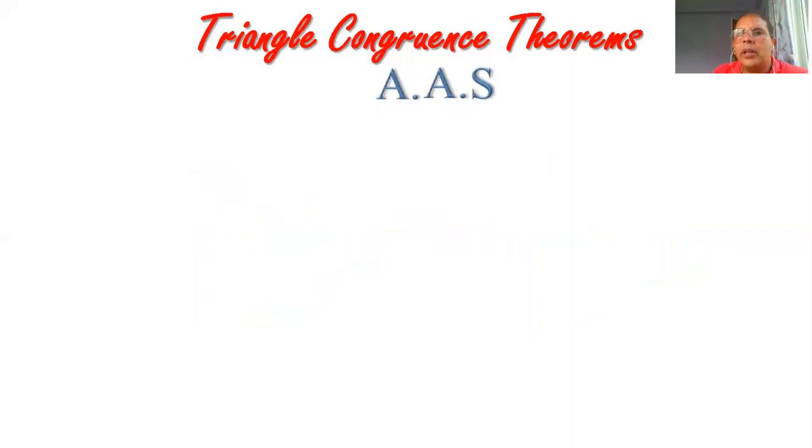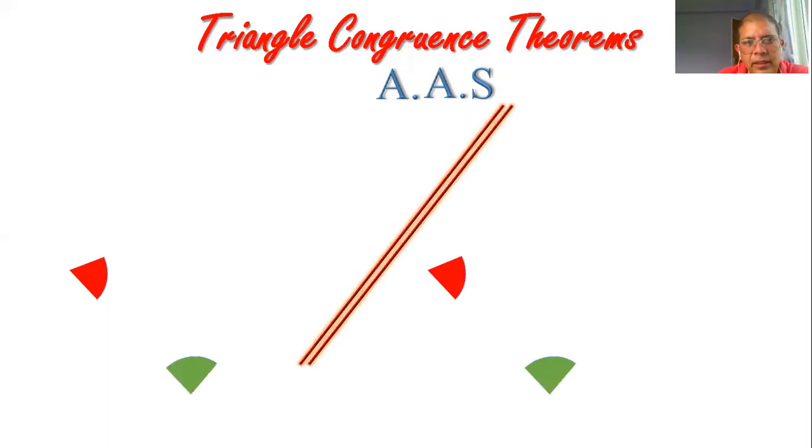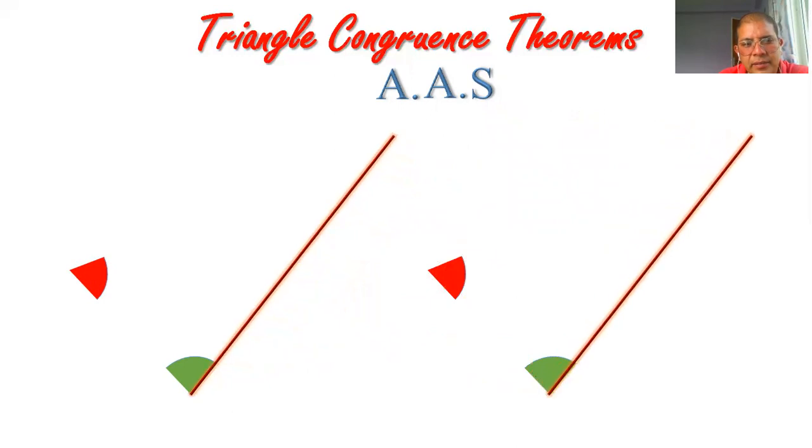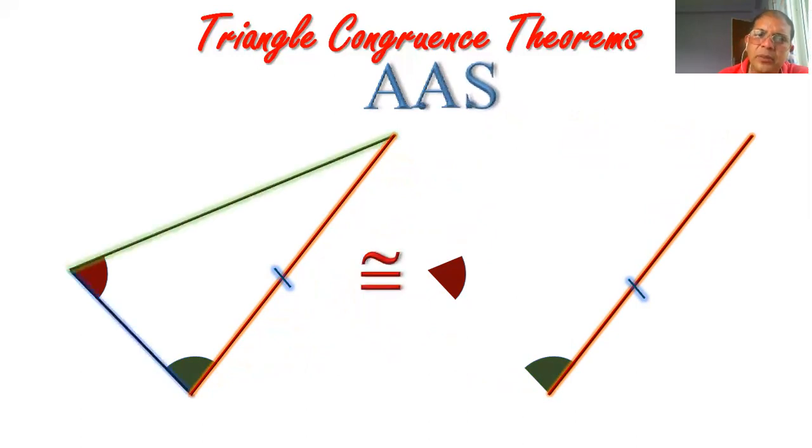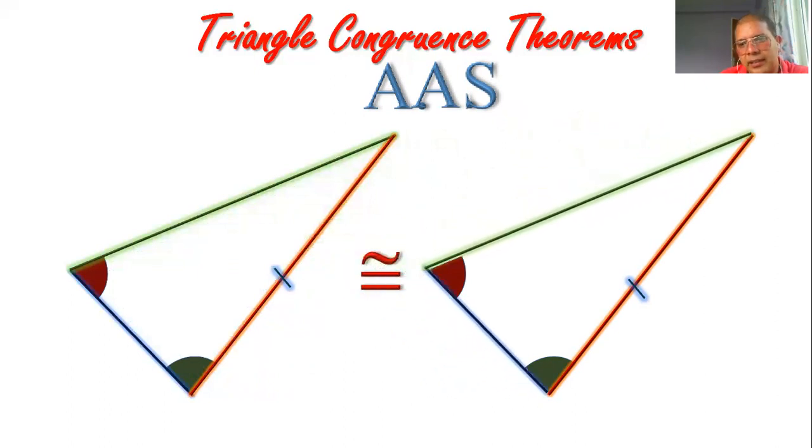And the fourth axiom is A.A.S., angle, angle, side axiom. First take one angle, equal angles, then another equal angle, then take a side. Now we are going to make a triangle, this side also equal. Then these two triangles are congruent if you join like this.